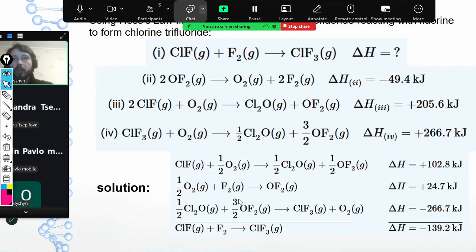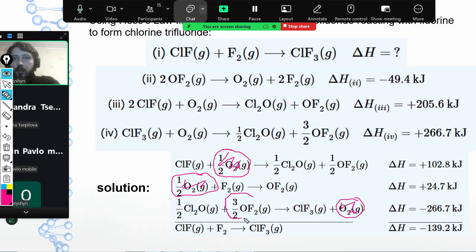Now let's try to add them together and look at what is left. So 1/2 O2, 1/2 O2 gives me a full O2. And I have O2 here, so from different sides of the arrow, I can cancel them out. Here we have it. What else do I have so interesting here?